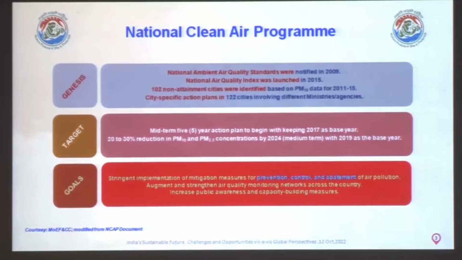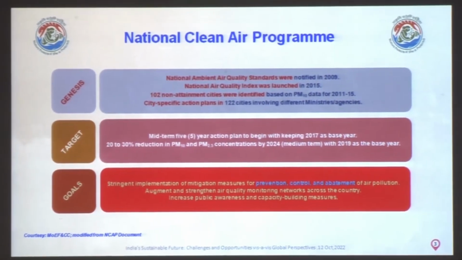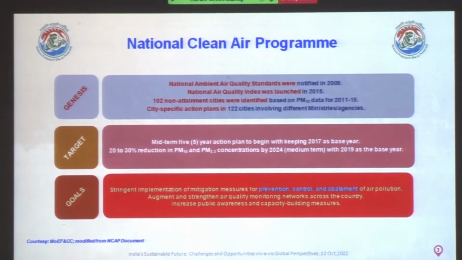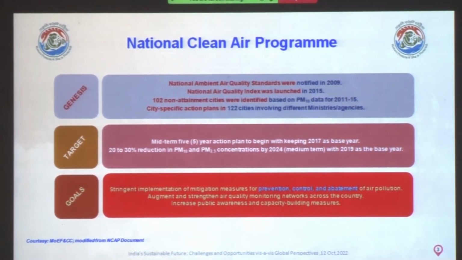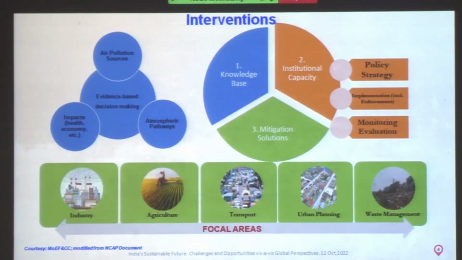So you know that the Government of India launched this very major program, the National Clean Air Program, with a goal to cut down particulate matter 2.5 by 30 to 40% in the next 2 years, which they have revised to make it more ambitious, basically to increase it to 40% by 2026. And while doing so, they want to abate, prevent, and plug different kinds of pollution sources by different ways and means, which are shown here.